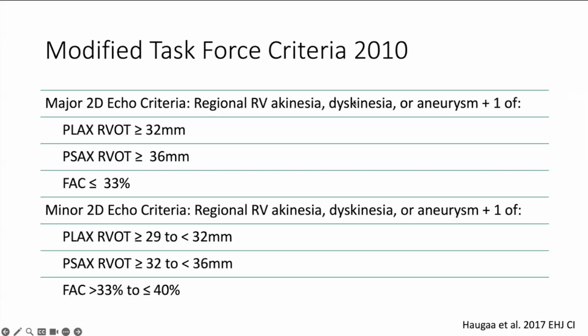We're looking for RV akinesia, dyskinesia, or an aneurysm plus one of, and instead of RV dilation or systolic function, they use RVOT dimensions. So a long axis RVOT of greater than 32 millimeters, so this would be the proximal segment, and the distal segment of greater than 36 millimeters, as well as fractional area change less than 33%, and some of the minor criteria where it's borderline but not quite as enlarged.